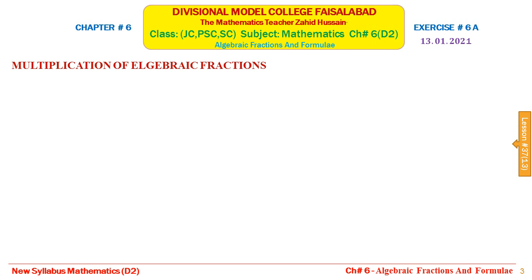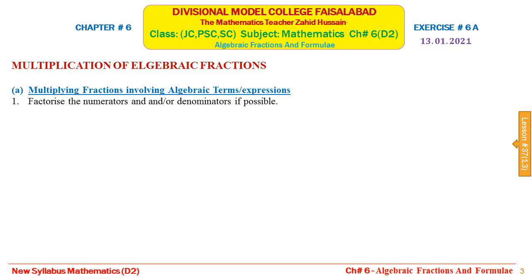Today we will study multiplication of algebraic fractions. The rules to multiply algebraic fractions that involve terms or expressions in the numerator and denominator: the first step to multiply two fractions is to factorize the numerator and denominator if possible.